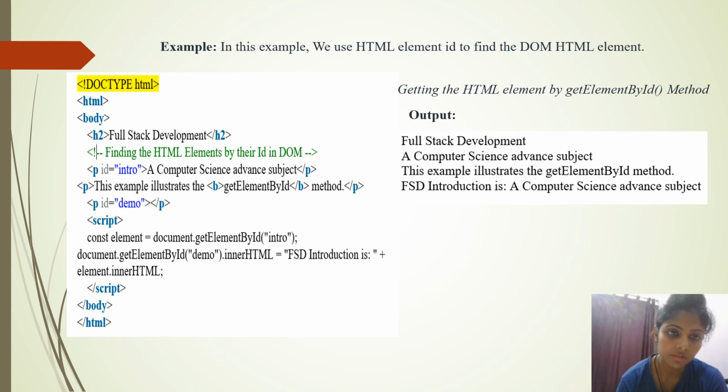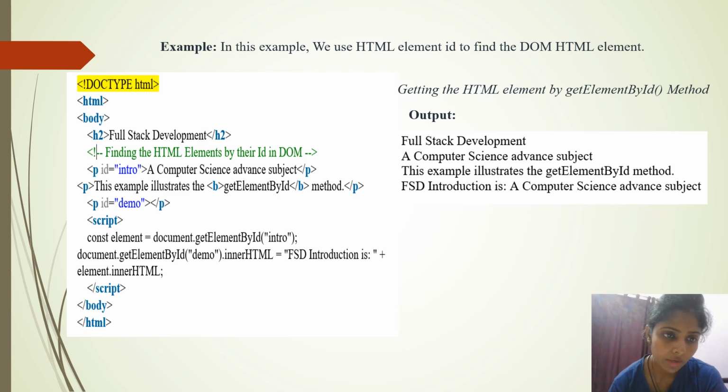So what are the tags we are going to use, how are we going to implement it, and how are we going to call the functions. In the paragraph we have introduced a computer science advanced subject. This example illustrates that: what content we are writing, getElementById, which function we are calling, and what method we are giving. All these things are part of our content.